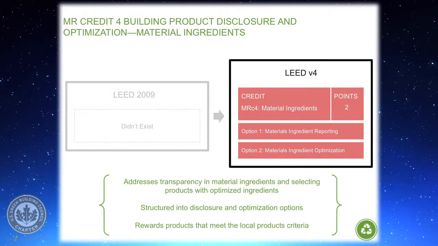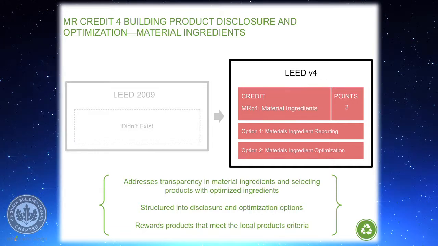There's a number of programs out there that collect this information and value those products based on what the chemical makeup of their products are. So again, option 1, if a product manufacturer is disclosing what's actually in this podium, we want to reward project teams for using this product.